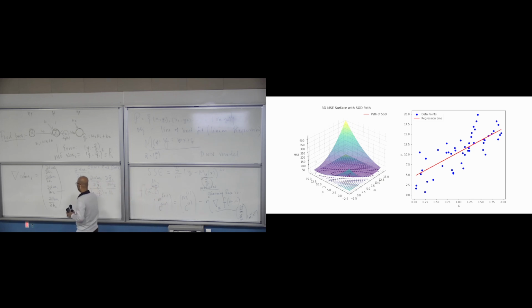What about this guy? I'll do the same thing. D loss i, dB2. I'll first do the differentiation with respect to dyi hat, because that's what I have actually. That's my output, predicted output. So better differentiate with respect to that. Times dyi hat dB2. dyi hat dB2 is what?